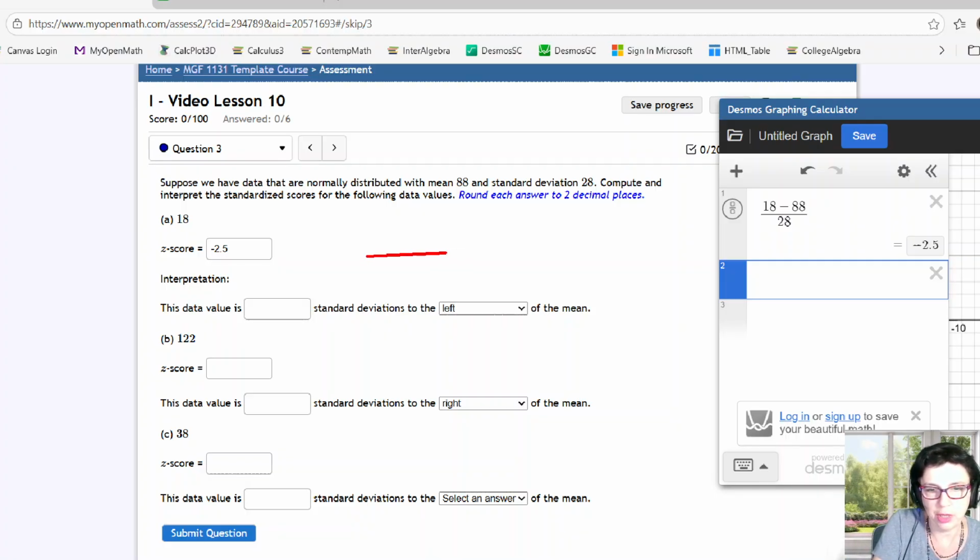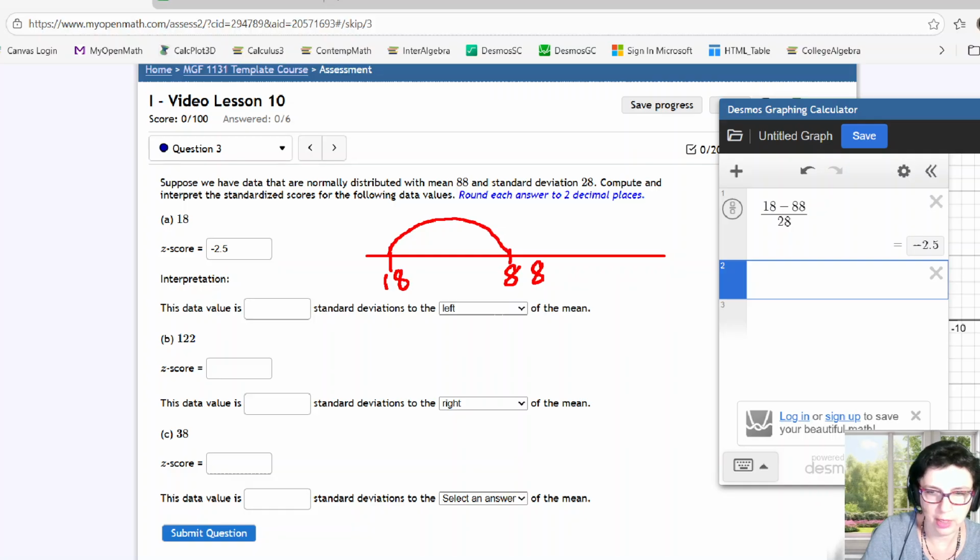So imagine that this is a number line, okay? Imagine that this is the mean 88 and this value here is 18. Okay, and so the distance from 18 to 88 is this numerator. That's 18 minus 88, so that's going to be 70, right?